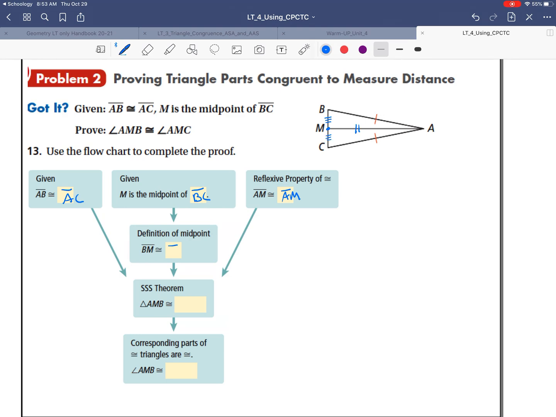So BM is congruent to CM by definition of midpoint. Then by side, side, side, triangle AMB is congruent to triangle AMC. Now I've established the two triangles congruent. Corresponding parts of congruent triangles are congruent, so angle AMB will be congruent to angle AMC, which is what we want to prove.